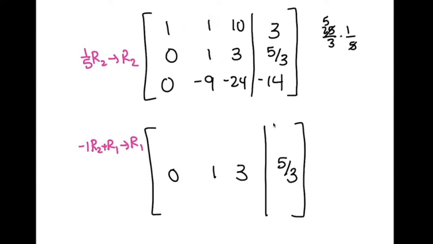All right, so let's go ahead and do that. 0 times -1 is 0 plus 1, 1. -1 times 1 is -1 plus 1. That gives me the 0 I wanted. -1 times 3 gives me -3 plus 10, 7. Then I have -5 over 3 here plus 3, which is 9 over 3 to give me positive 4 over 3.